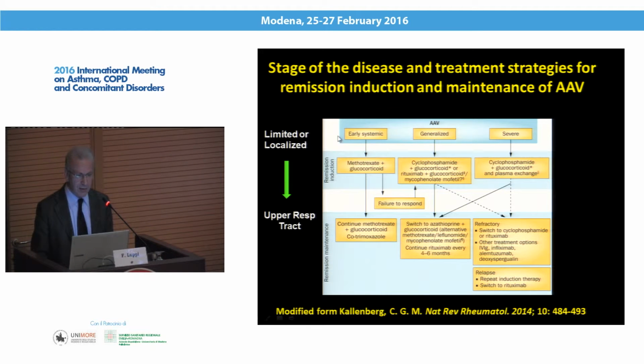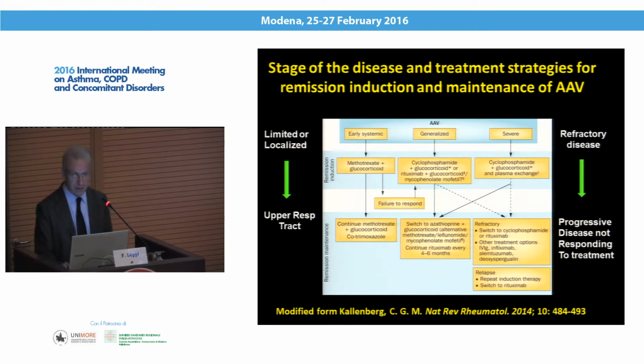In early systemic, we have involvement of various organs, but none of them is life-threatening. In the generalized form, we have life-threatening involvement, and in the severe form, we have vital organ involvement. And finally, the last category is refractory disease, in which there is progressive disease not responding to treatment.